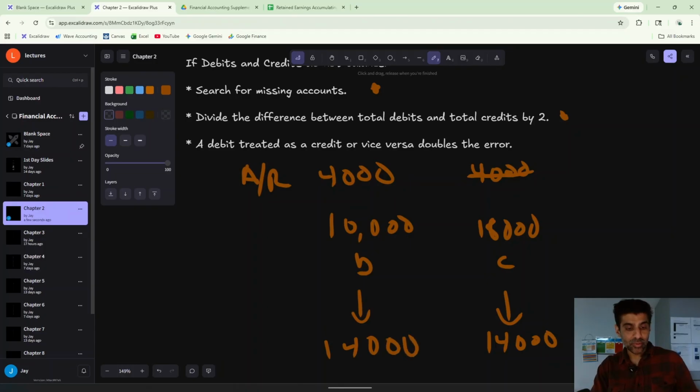So that's why the difference divided by 2 is going to indicate which account is potentially on the wrong side, because it will have double the effect when you correct it.